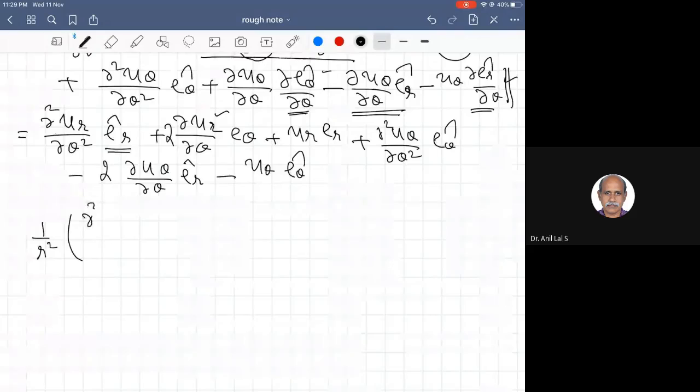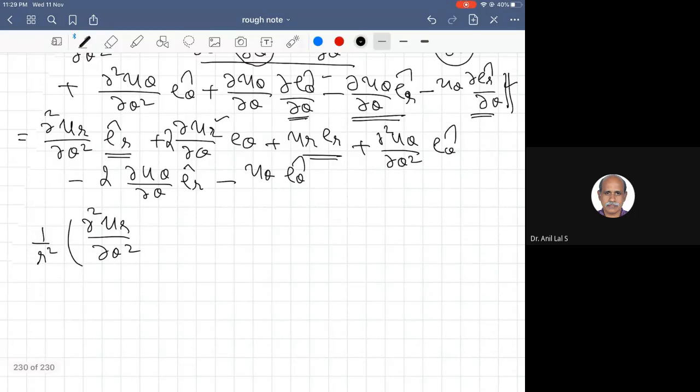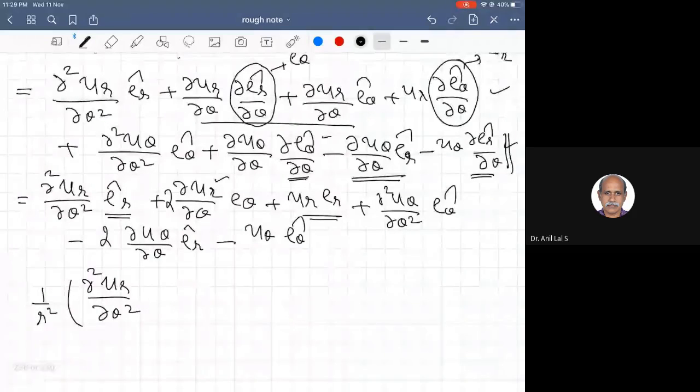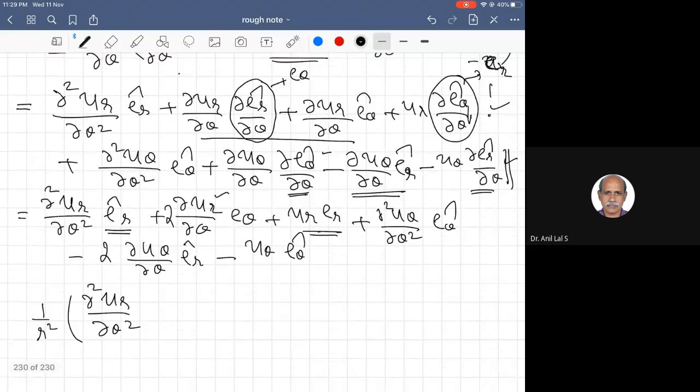So dou squared ur by dou theta squared. This is plus ur er or minus ur er, I have to check. This er comes because dou u theta by dou theta is actually minus er.